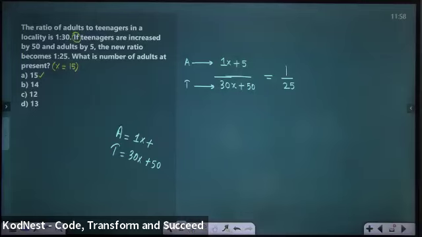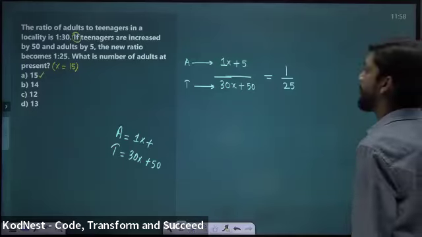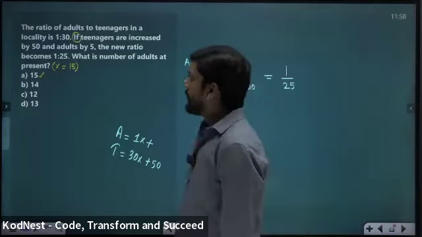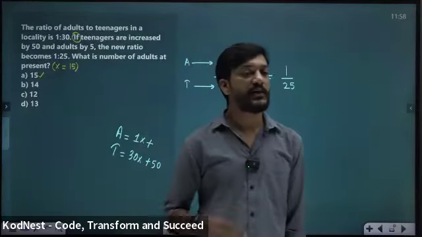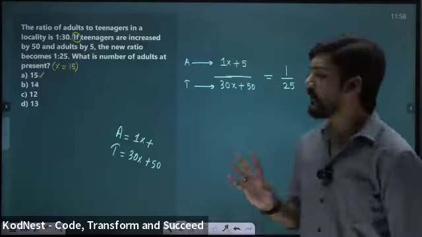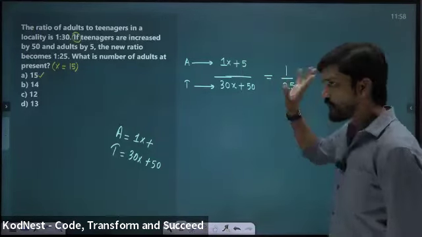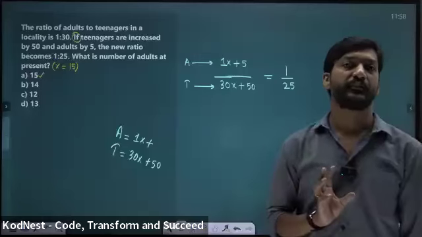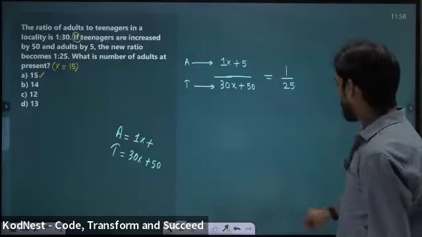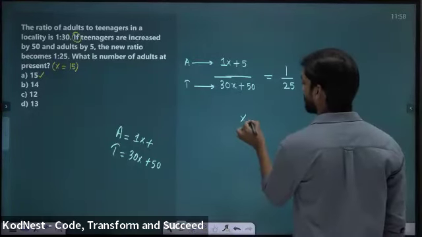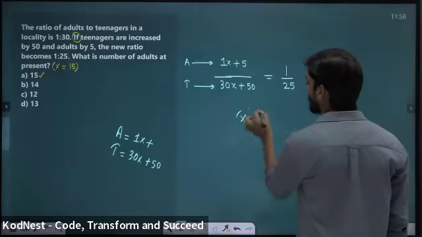This way you can do any question. All right. So solving this again, we will get x equal to 15. So only this much is the solution. Now, once I solve this, I'm getting x equal to 15.